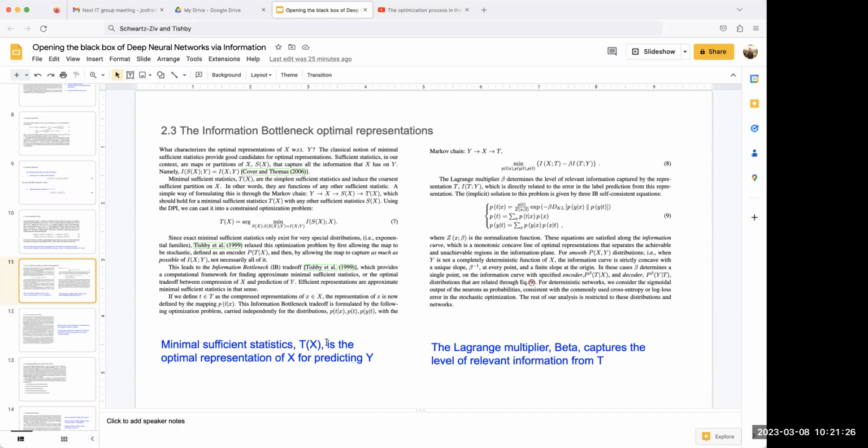But with real world data, the neural network will try to compress those inputs into something that represents the sufficient statistics. And if you take that to the limit, you will get the minimally sufficient statistics, which is the information bottleneck, where you can't process the inputs any further to maintain the information on Y that you're predicting.